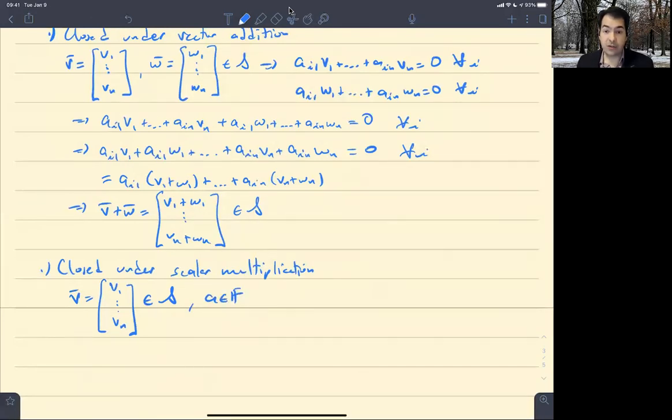We need to check that the scalar product is inside S. The fact that v is in S is the same as saying that ai1 v1 plus... oh, okay, since we already have a bunch of a's, let's give this scalar a different name. Let's call it lambda. Plus ain vn is equal to 0 for every i.